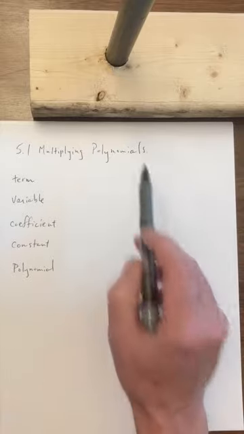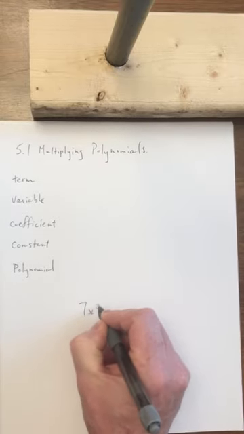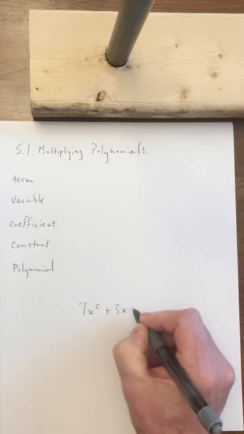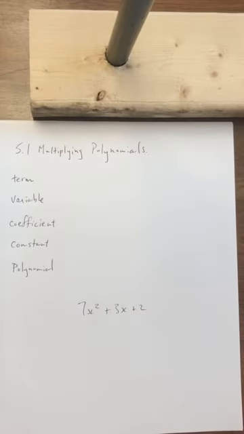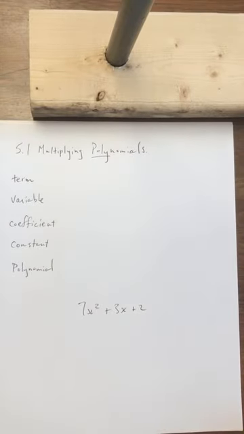So we're going to be looking at polynomials today and multiplying polynomials and a little bit of adding and subtracting them as well. First of all, a polynomial is made up of a bunch of terms. If we have something like 7x squared plus 3x plus 2, that's a polynomial. Poly meaning many, and we have many terms here.